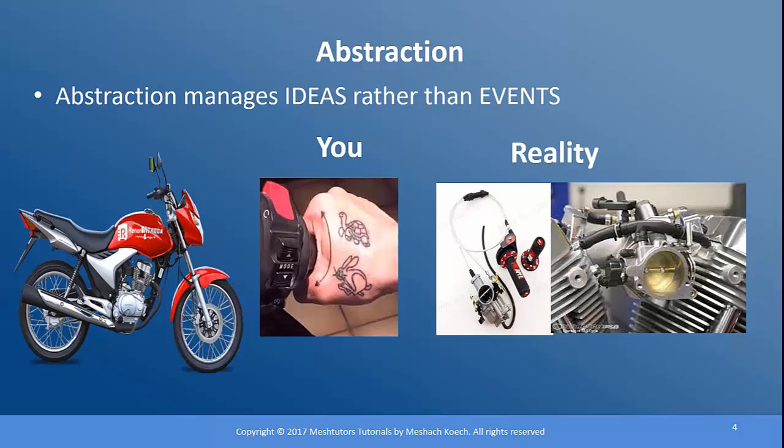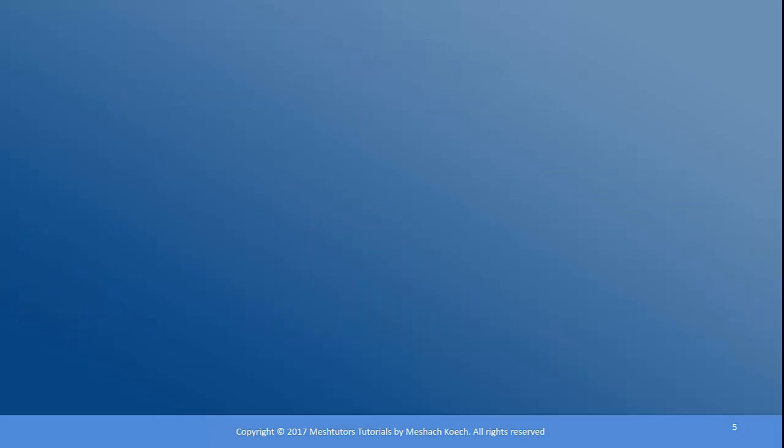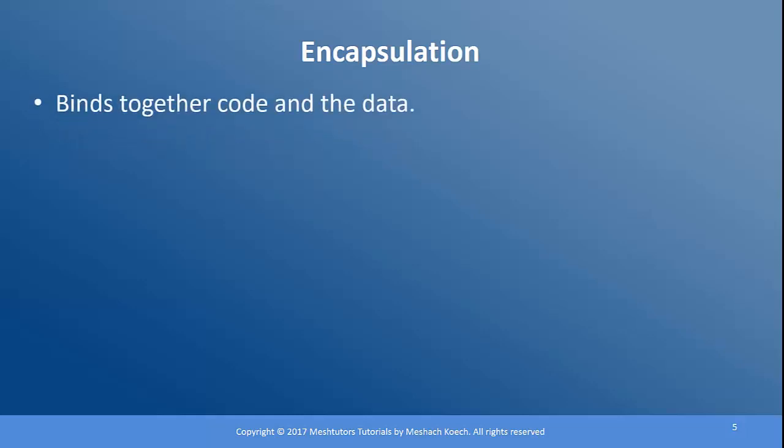This allows you to layer the semantics of complex systems, breaking them into more manageable pieces. We will look at the use of the abstract keyword in the coming video. Our next principle is encapsulation. Encapsulation is the mechanism that binds together the code and the data it manipulates and keeps both safe from outside interference or misuse.